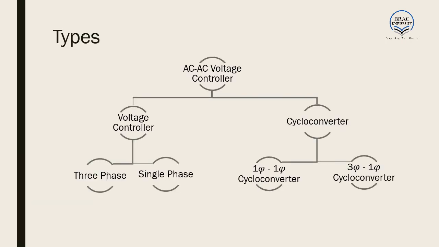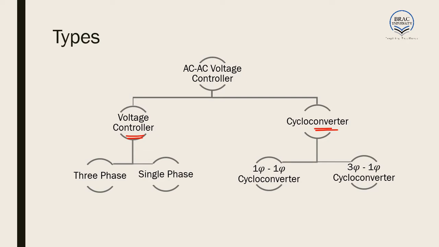Now, AC/AC controllers can be broadly classified into two types: the voltage controller and the cycloconverter. The voltage controller is the controller where the magnitude is affected.